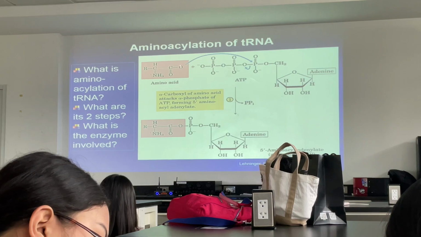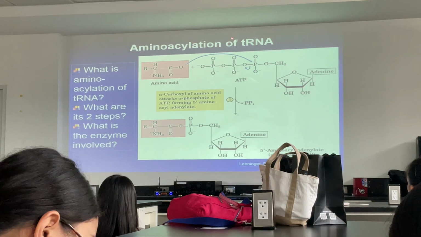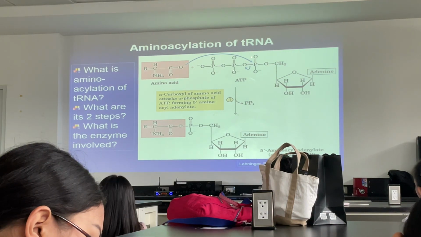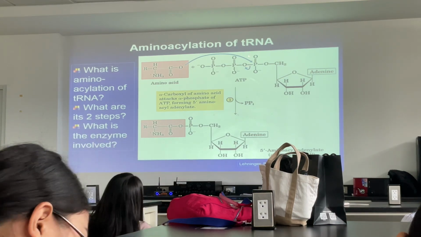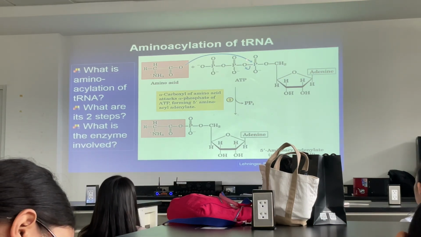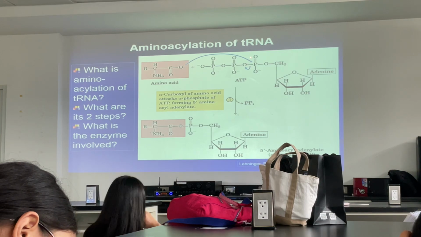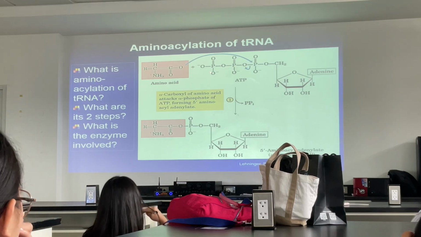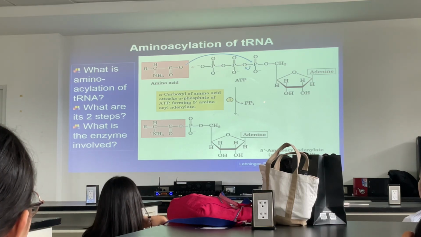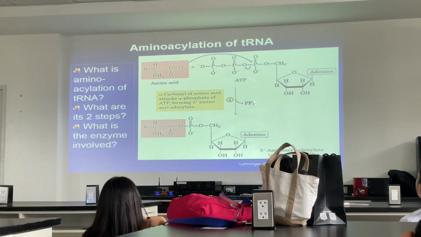So the oxygen atom in the carboxyl group will carry out a nucleophilic attack on the alpha phosphoanhydride bond. And what will happen? This phosphoanhydride bond will become cleaved, and these 2 phosphoryl groups will be released in the form of a pyrophosphate.